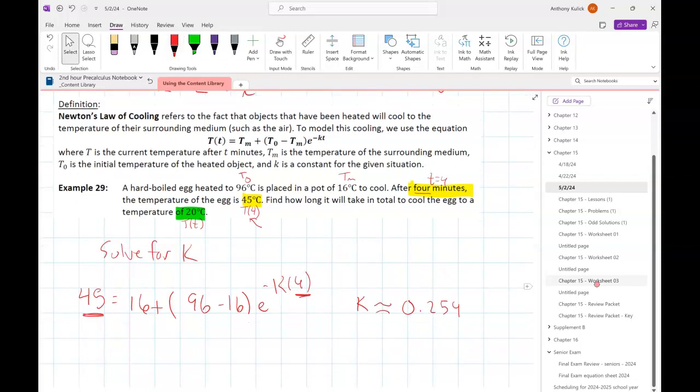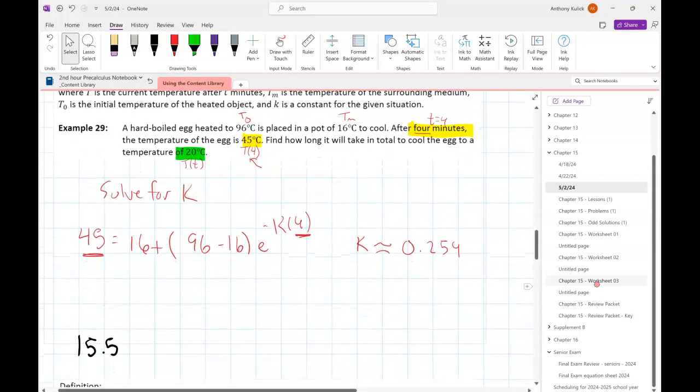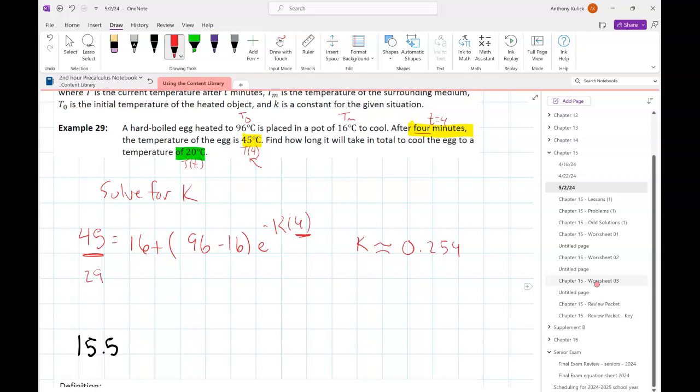0.254. Or if you wanted to solve this algebraically, I would subtract 16 from both sides. That's going to give me 29. And then divide both sides by 96 minus 16. That's 80. And then we'll do the natural log to cancel out the exponent base of e, and then divide that all by negative 4.